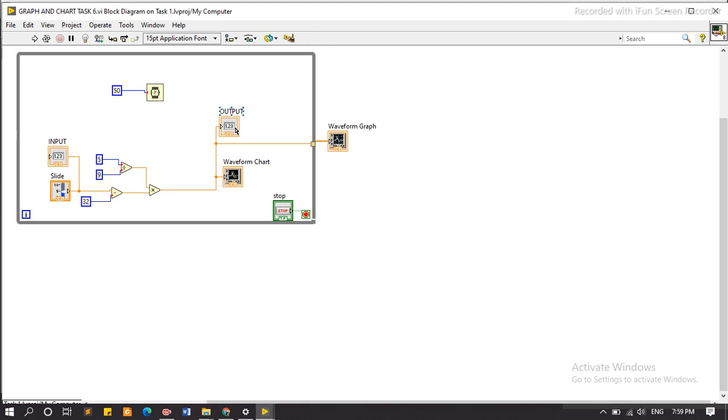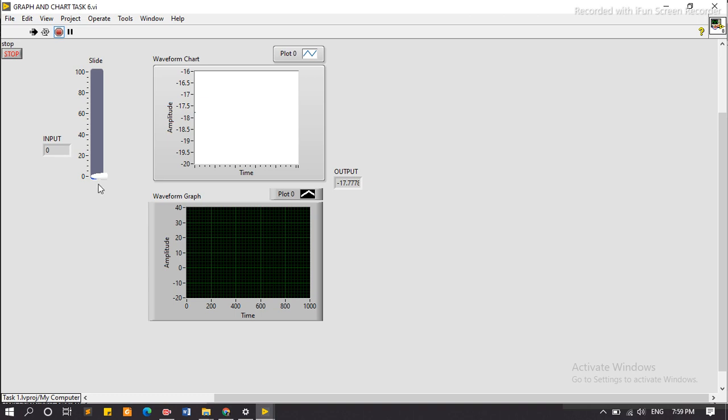Now we run the simulation. Here when we slide this, the chart is produced on this.